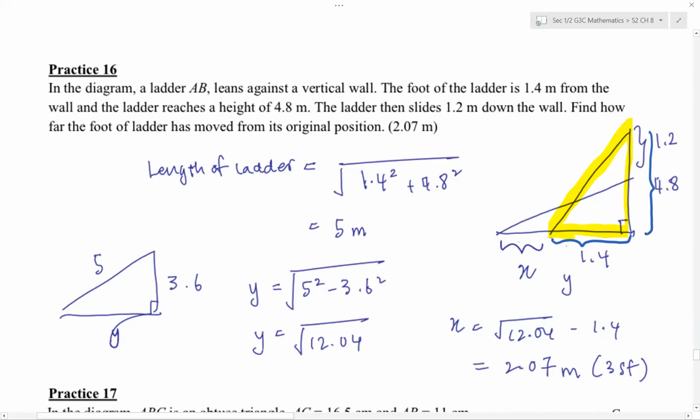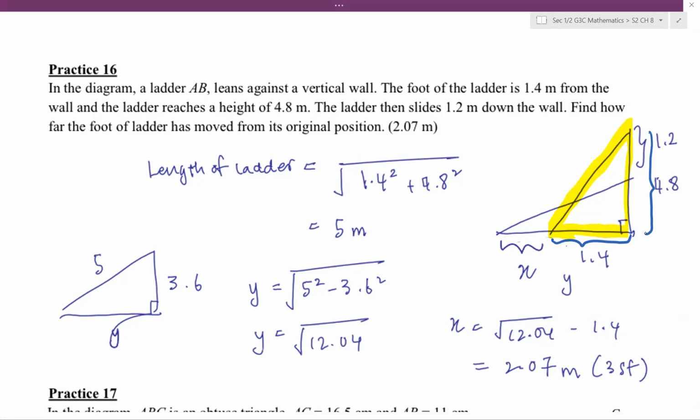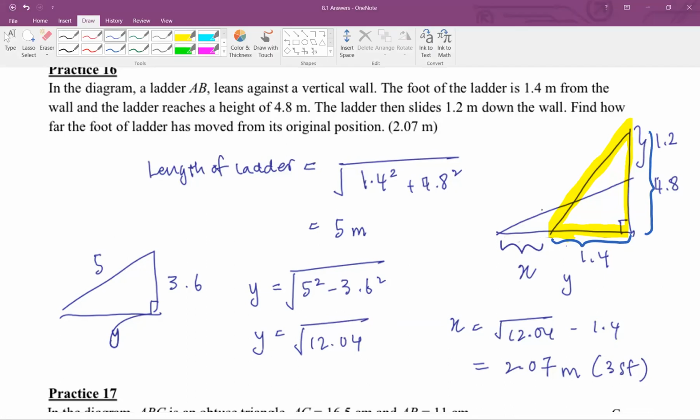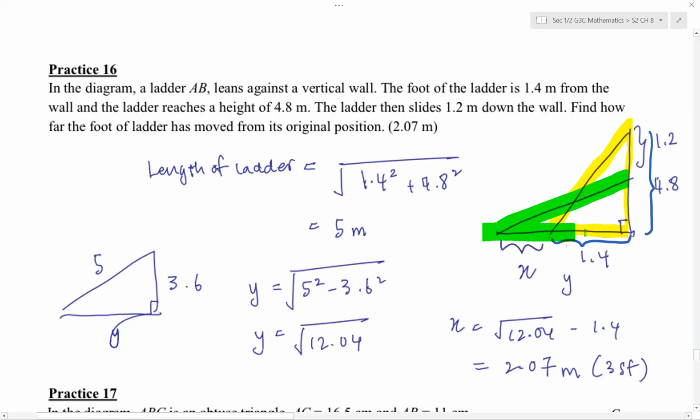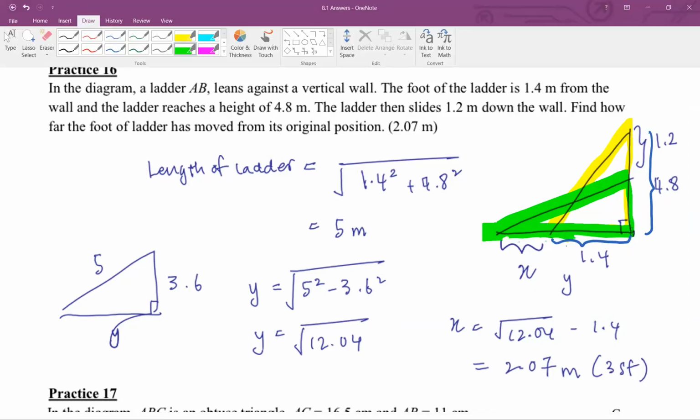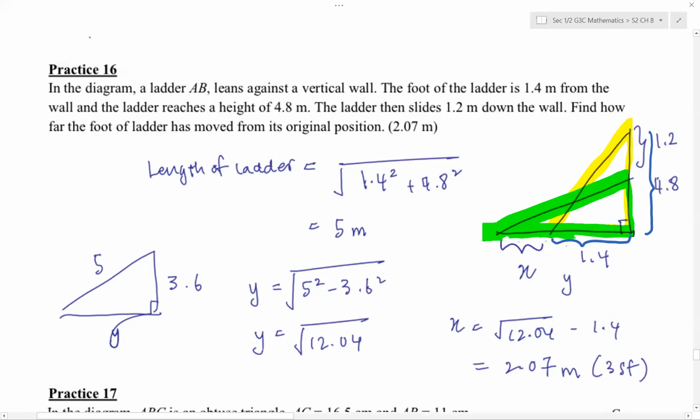Then what happens is that it slides down 1.2 meters because not enough friction. Okay, it's going to slide down. So you need to imagine it sliding down. Slide. And it forms the triangle in green. They also mentioned that it slid down 1.2 meters. So this portion, 1.2 meters.